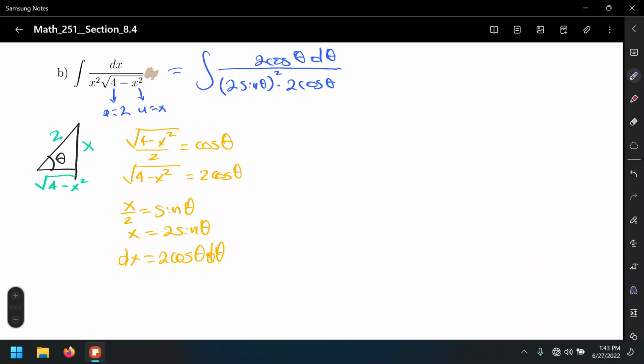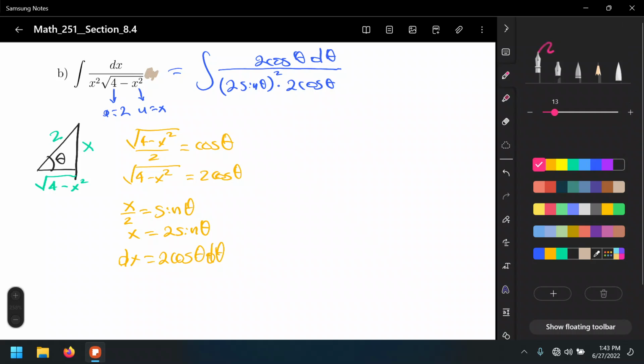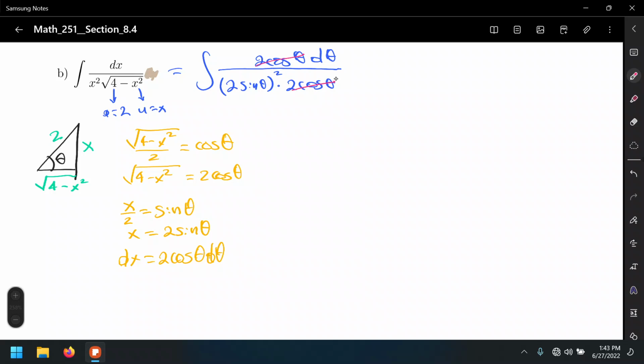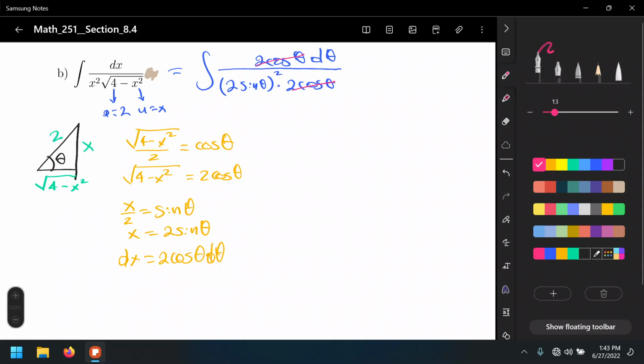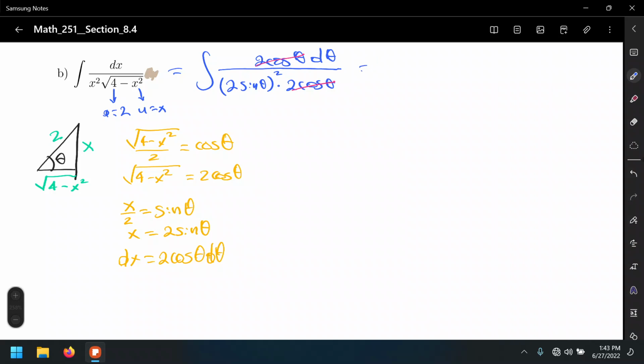And trust me, with these few steps that we did, we just saved like 8 steps in comparison to what the book does. All right, so of course, in this case, these can be reduced, and you might want to do that. So let's reduce 2 cosine with 2 cosine, and that's going to leave us with the integral of 2 sine squared theta with the d theta in the numerator.